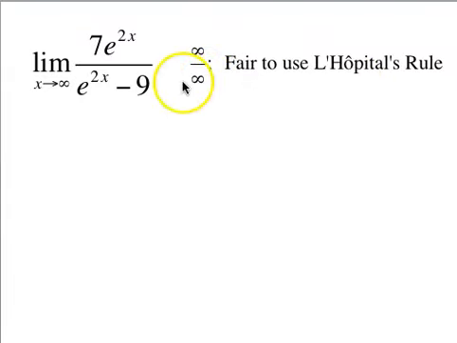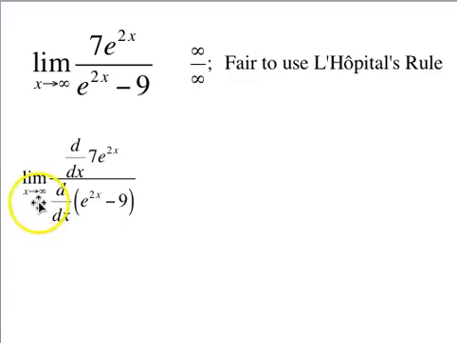Now to use L'Hopital, take the derivative of the numerator and the derivative of the denominator and then take the limit. So we'll show it as follows. The limit as x goes to infinity of the derivative with respect to x of 7e to the 2x divided by the derivative with respect to x of e to the 2x minus 9. The 7 can move in front of that derivative operator.